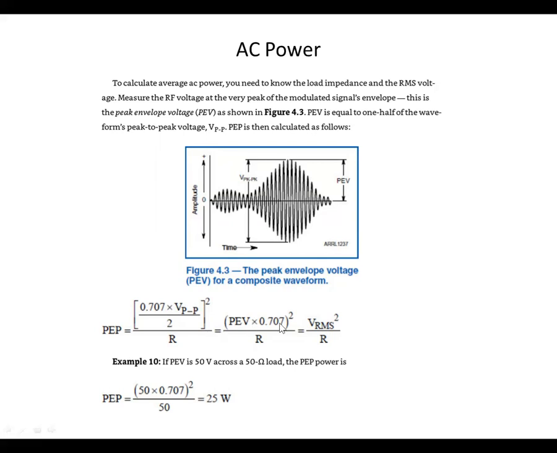And then the peak envelope power would be 0.707 squared divided by R, or the RMS voltage squared divided by R.